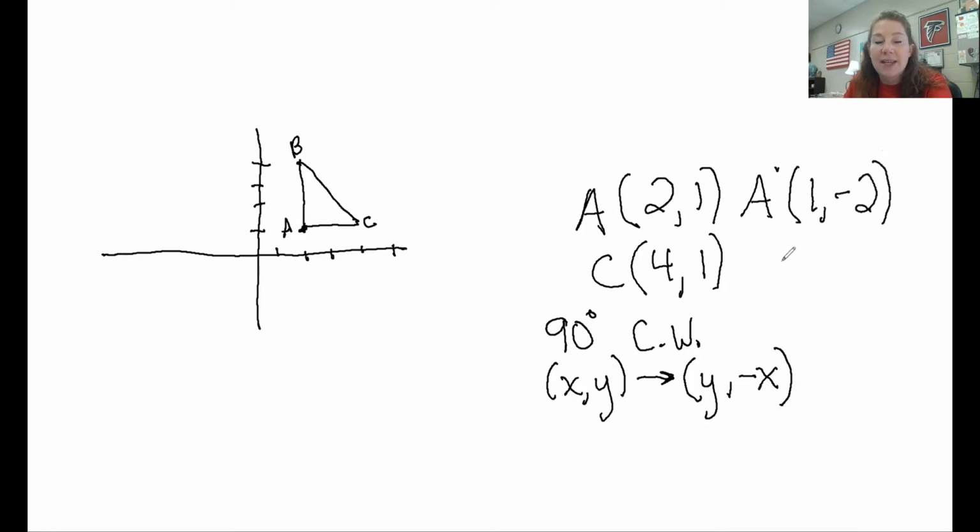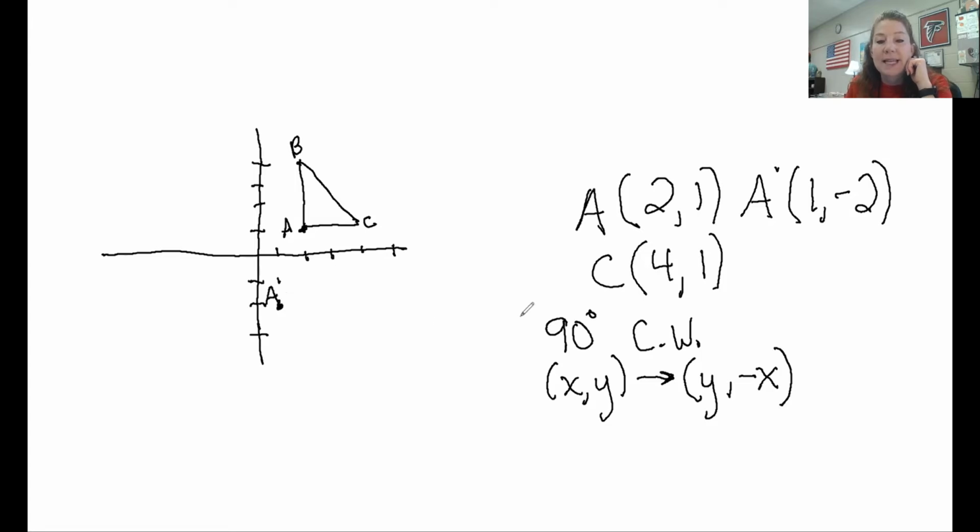If I'm not one of these visual people that can imagine what it's going to look like when I turn it, I can do this and say, oh, okay, I know exactly where that is. That means A prime is now at 1, -2. So this is now A prime.